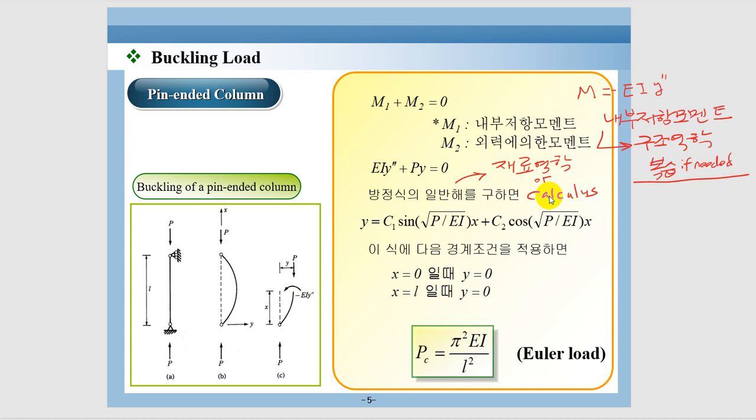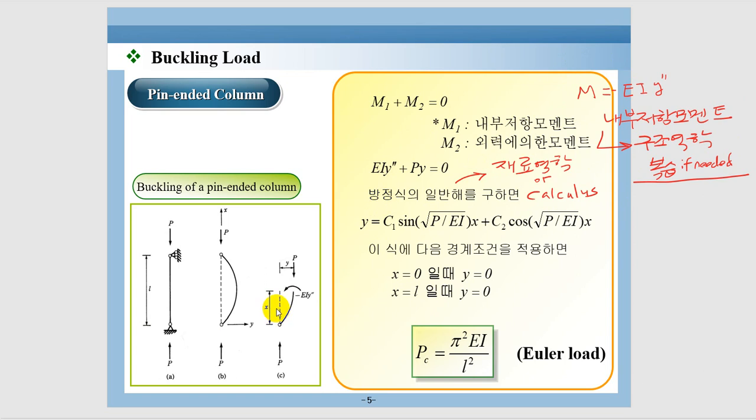So I strongly recommend you go back to structural analysis and review if needed, or go back to mechanics of materials, or even the calculus that you took in sophomore or freshman year. This is mathematics, not directly related to concrete, so we're going to spare time to spend more on concrete later. Please follow my instructions.